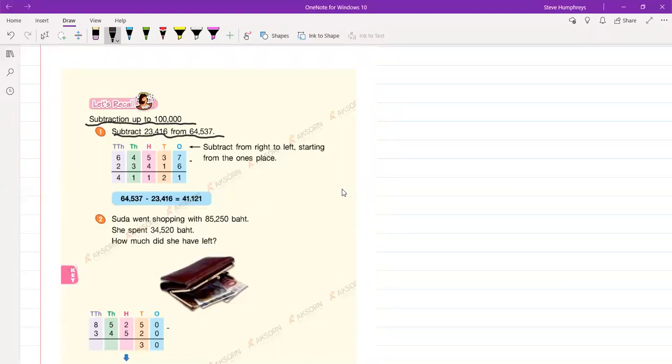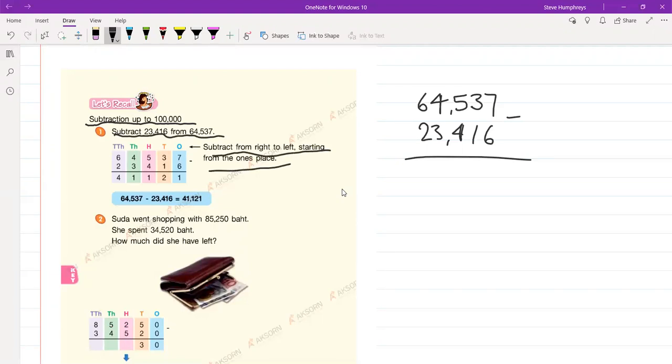So subtract the smaller number from the larger number. 64,537 minus 23,416. Okay. 5-digit number. It says subtract from right to left, starting from the ones place. So that's what we're going to do.